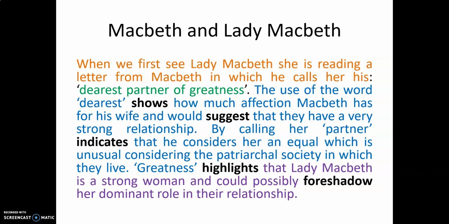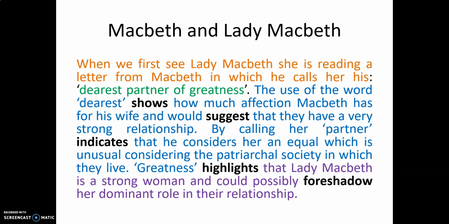Now, this is what I've said to you. You should be using 2 quotations per paragraph, one from the extract, one from the rest of the play, and the one from the rest of the text can either complement what you're saying or contrast with what you're saying. It can say how there's something similar in the rest of the play, or there's something slightly different.